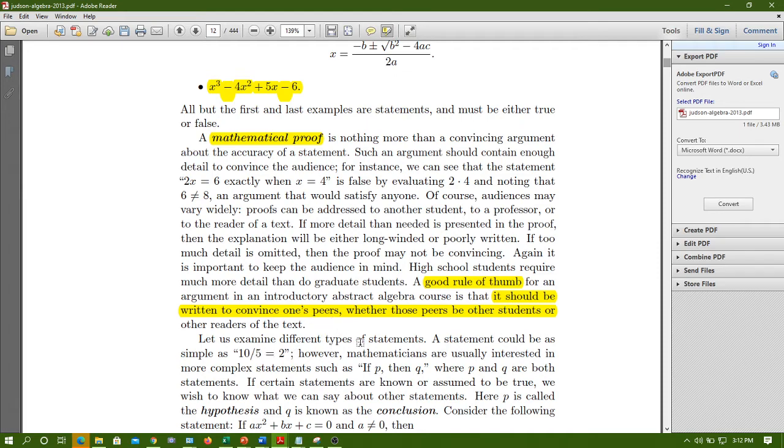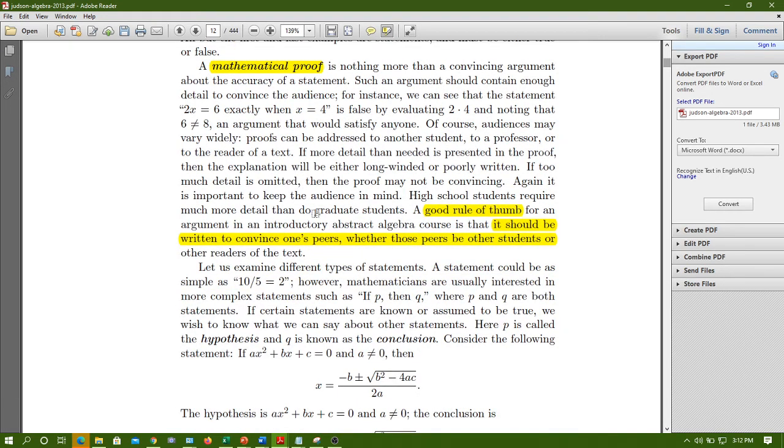Let us examine different types of statements. So, we are done with statement and mathematical proof, and now the different types of statements. What are those? A statement could be as simple as 10 over 5 equals 2.